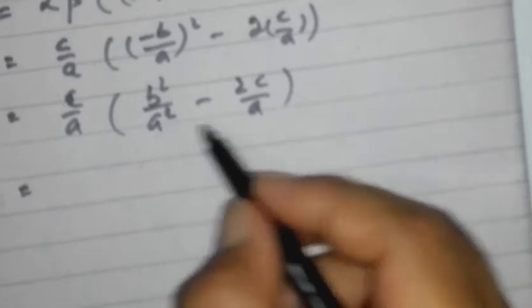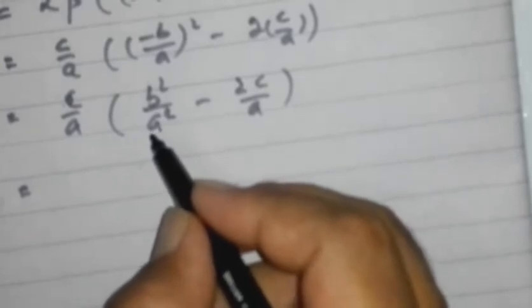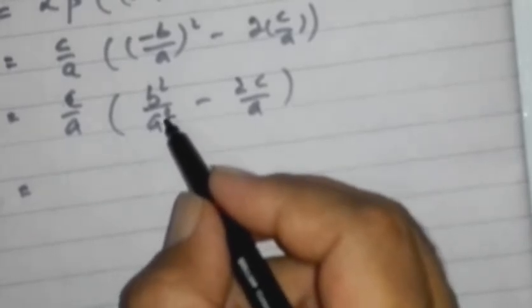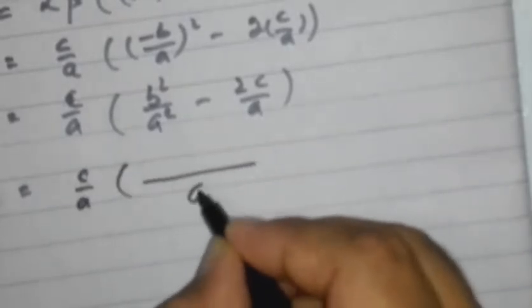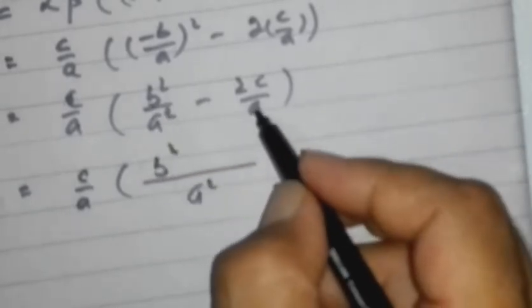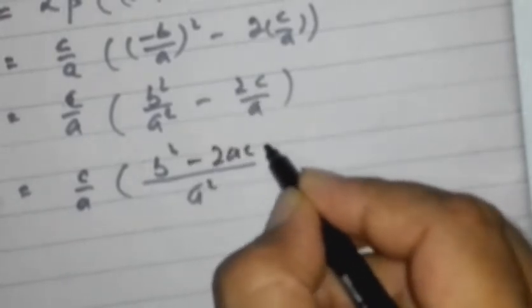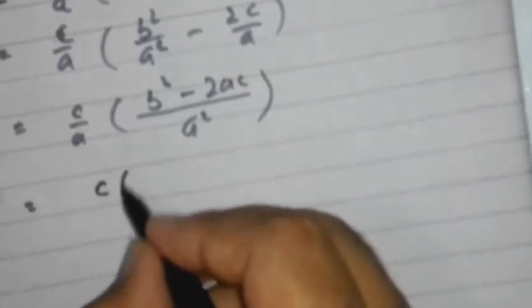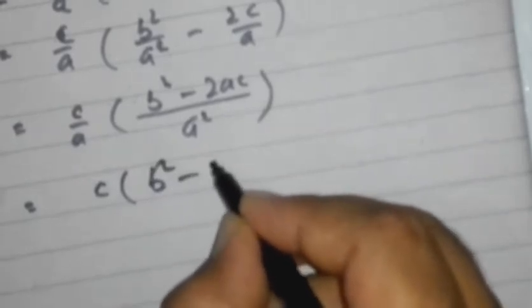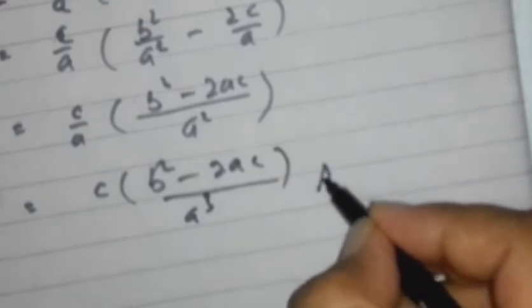Here is a square and here is a, so the LCM will be the term having the greater exponent, a square. B square we write in its place, and when we multiply a with a it becomes a square, so it becomes 2ac. Further you can multiply this a here: b square minus 2ac divided by a cube. I think it is the book answer.